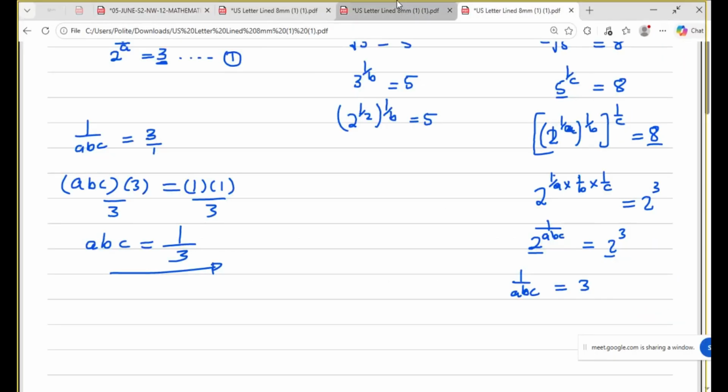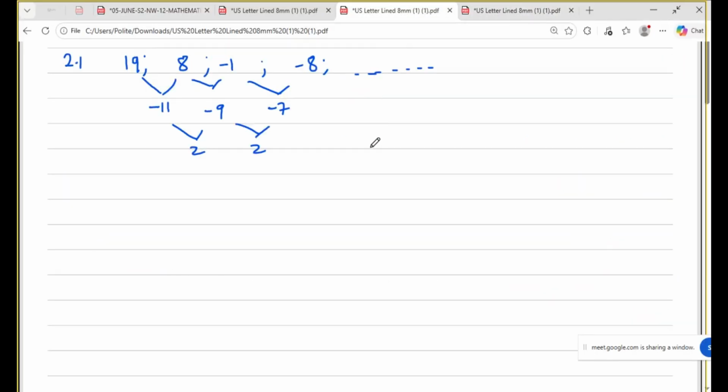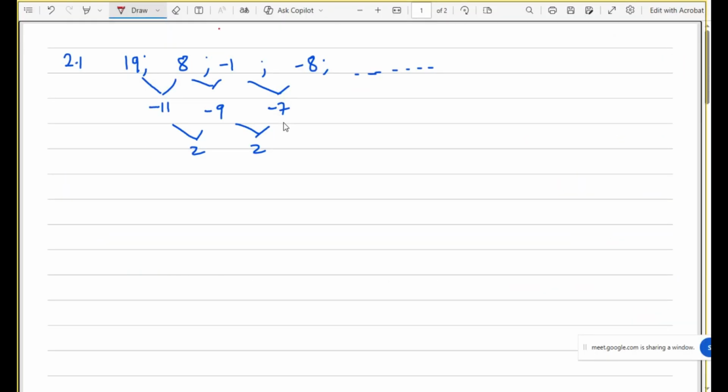I know that whatever number I get here, when I find the difference of these two numbers, it should give me 2. Since we find the difference by subtracting, we need to add. So this is minus 7, we add 2, and what do you get? This is equal to minus 5.